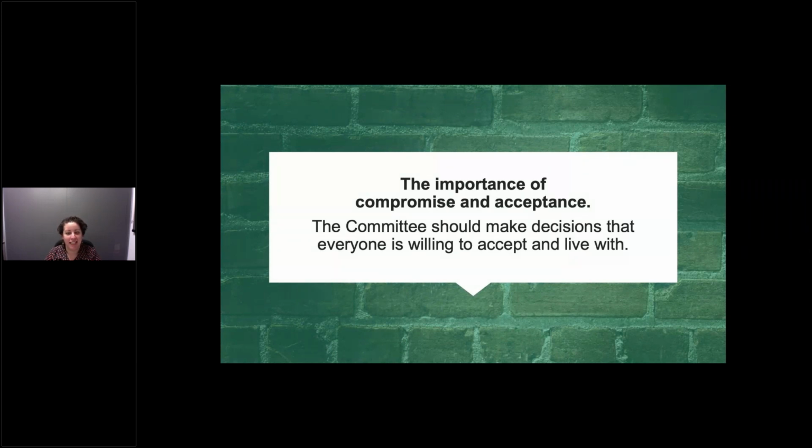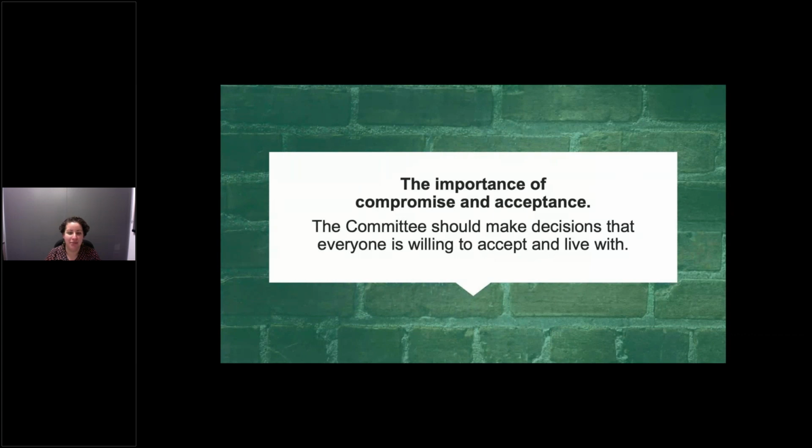But in terms of making decisions, it's really important that decisions are explored but that everybody can live with and accept those decisions, even if they're not happy with them. We talk about this term committee or board solidarity here at ICTA quite a bit. Board members and committee members might have decisions that maybe they themselves voted no on.